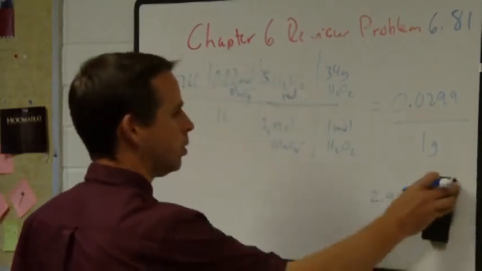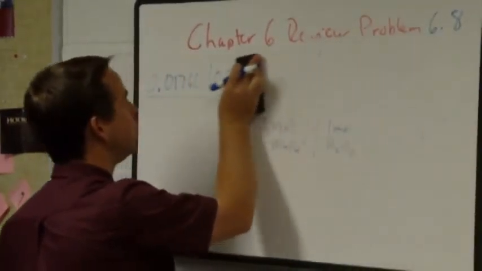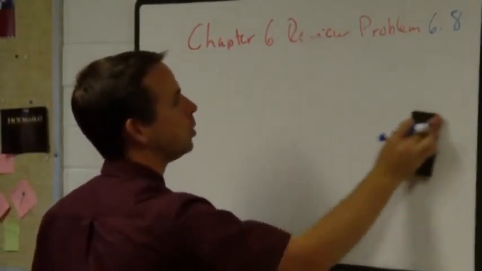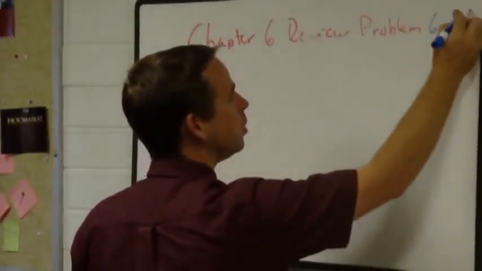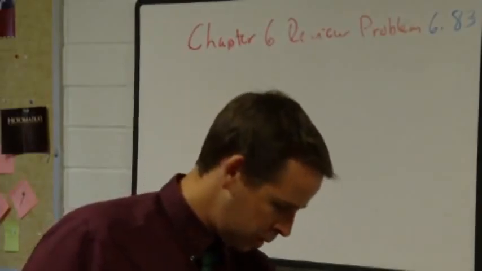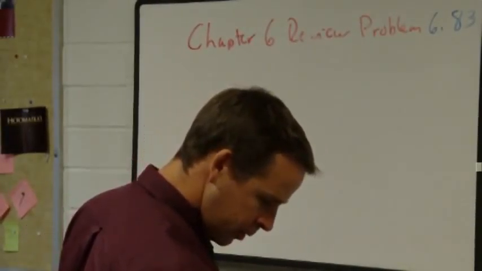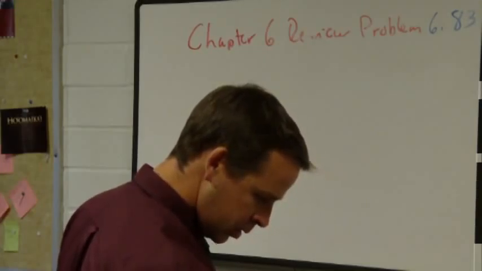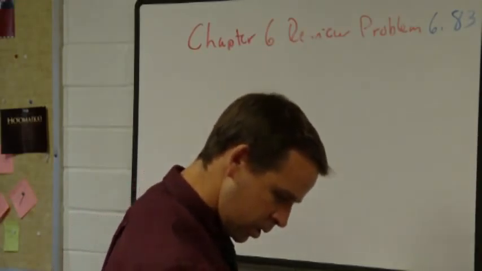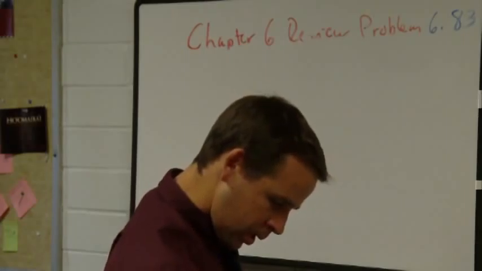683. A sample of chromium containing alloy weighing 3.45 grams was dissolved in acid. All the chromium in the sample was oxidized to the chromate ion.